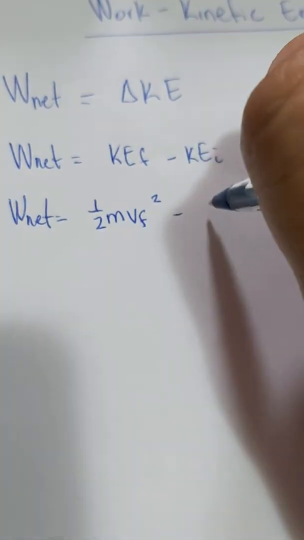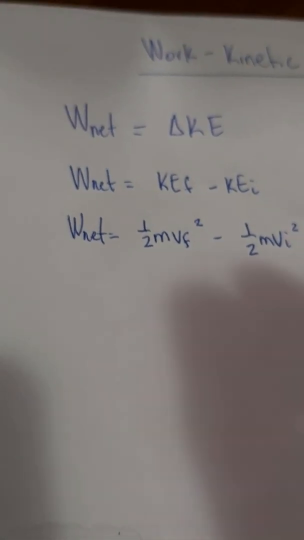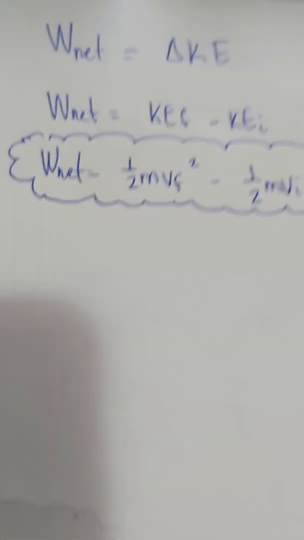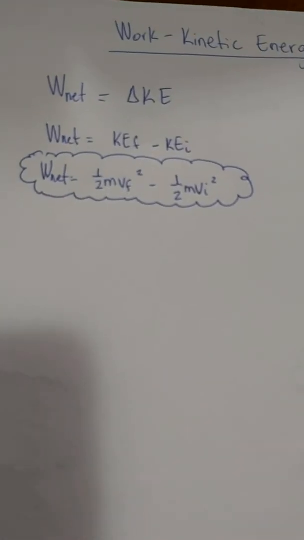In other words, this means that net work is equal to 1/2 mass times final velocity squared minus 1/2 mass times initial velocity squared. Okay? So this is the work-kinetic energy theorem.